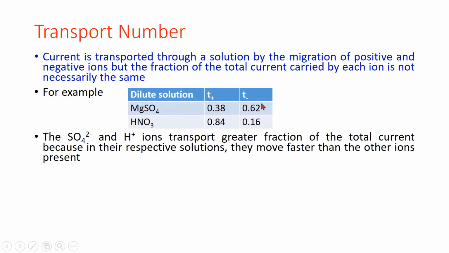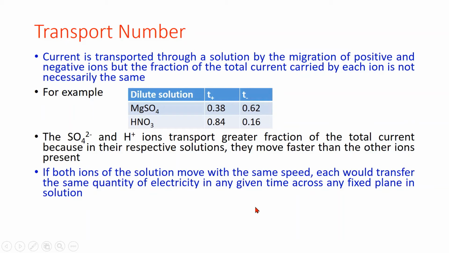Sulfate ions and hydrogen ions transport a greater fraction of the total current because in their respective solutions, they move faster than the other ion present.